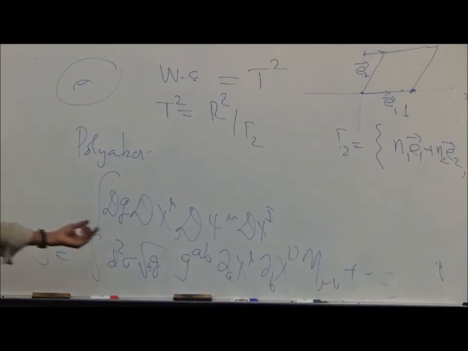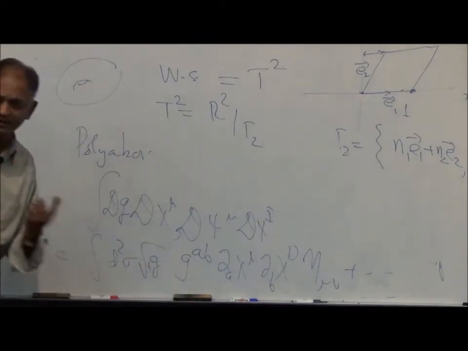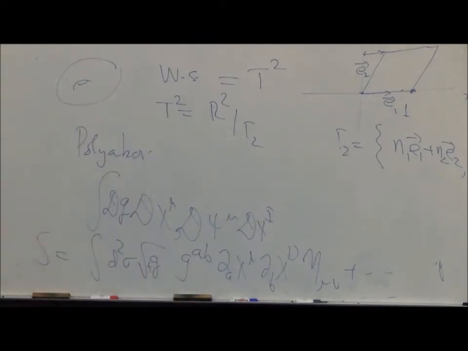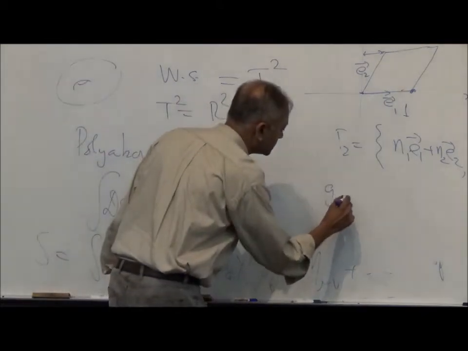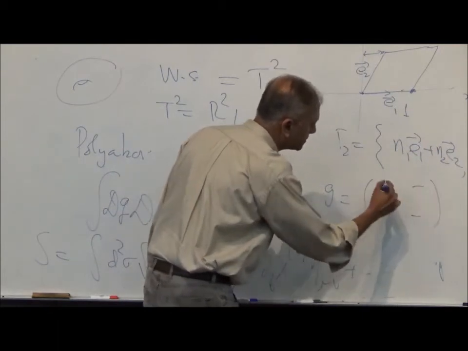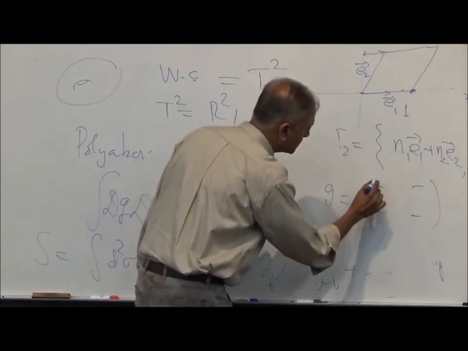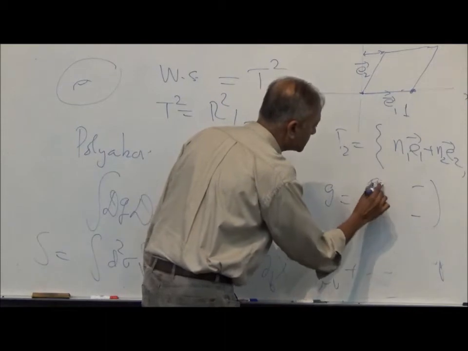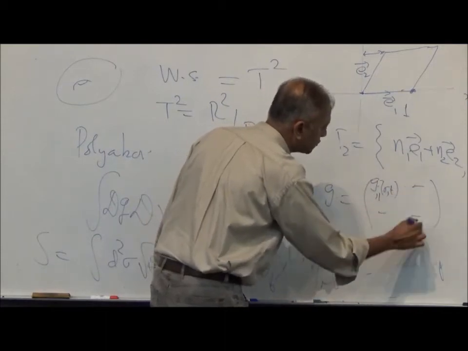But it doesn't matter, because g_ab is a symmetric 2 by 2 matrix. A 2 by 2 symmetric matrix has 3 components, so there are three functions involved in g_ab. These are all functions of sigma and t, for example g_11.